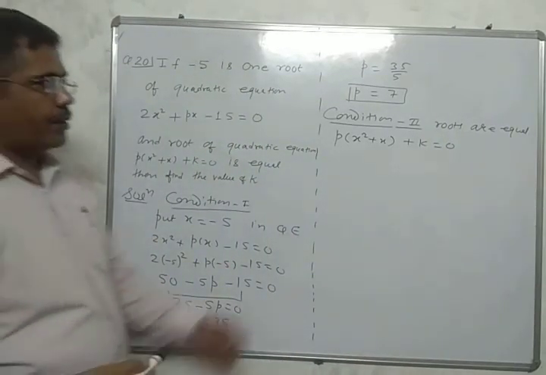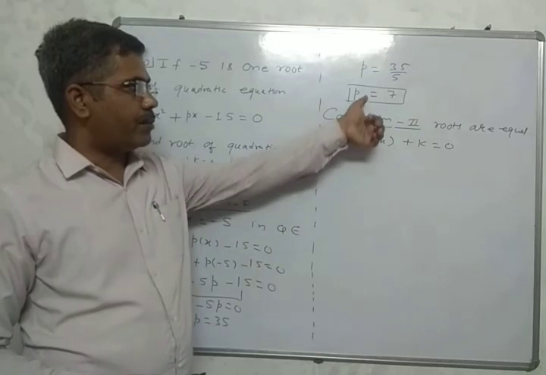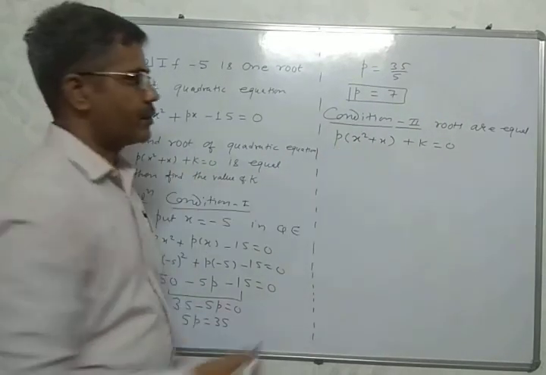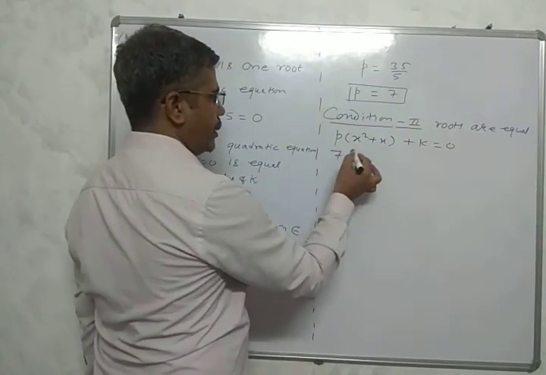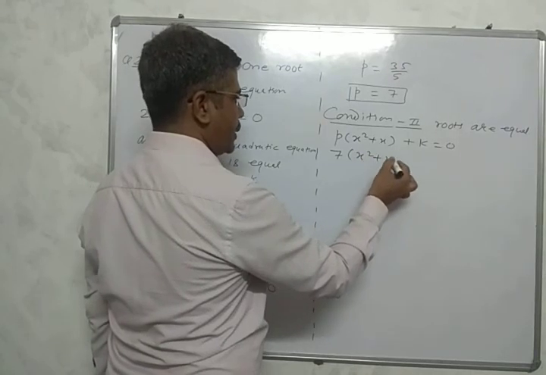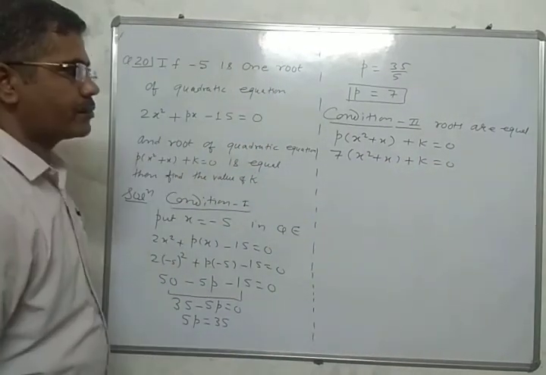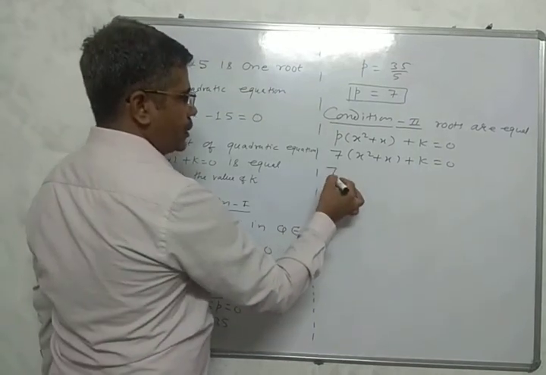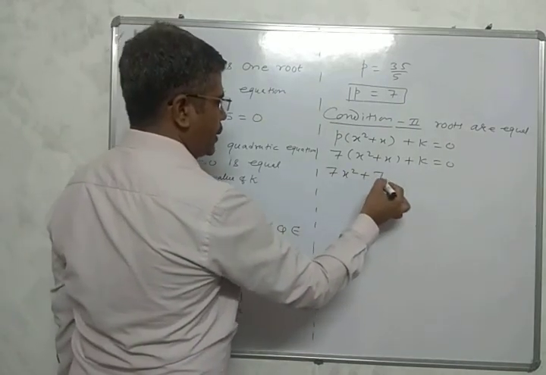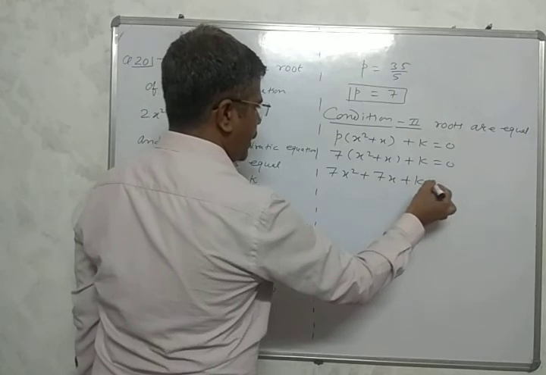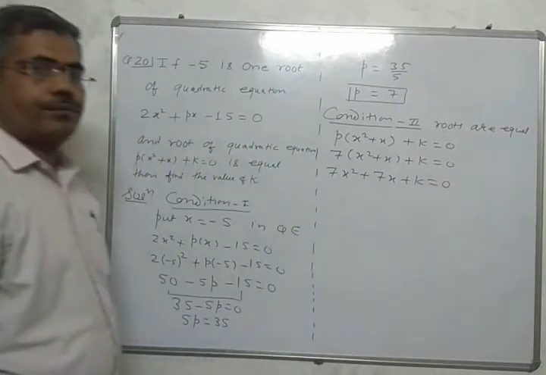We put the value of p from here. We have 7 into x square plus x plus k equals to 0. 7x square plus 7x plus k equals to 0.